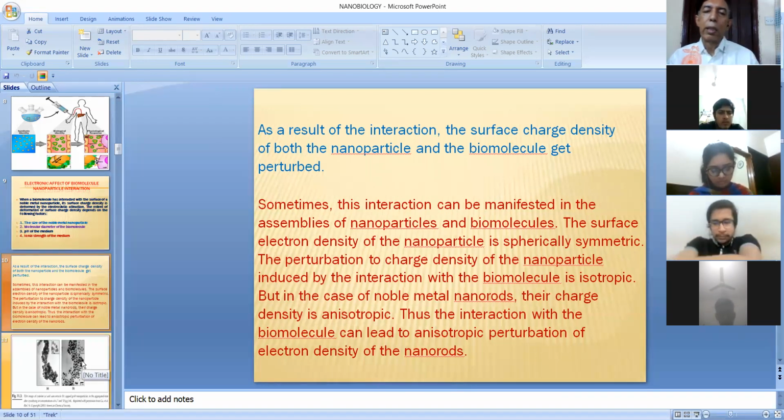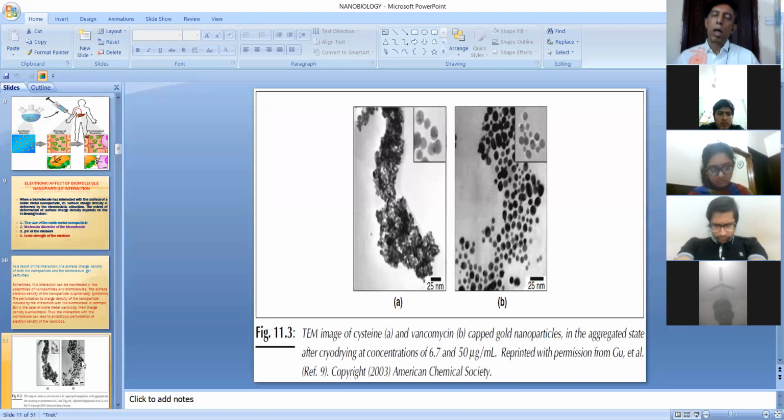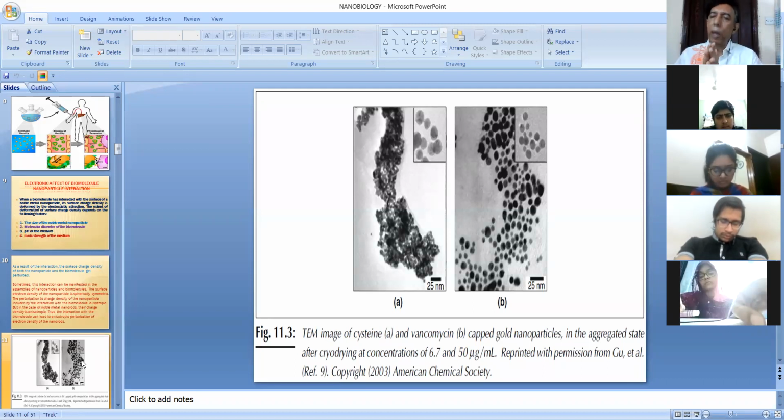Now, one more thing. The biomolecule that is attached to the nanoparticle, depending on the size of the biomolecule, the agglomeration is also dependent.